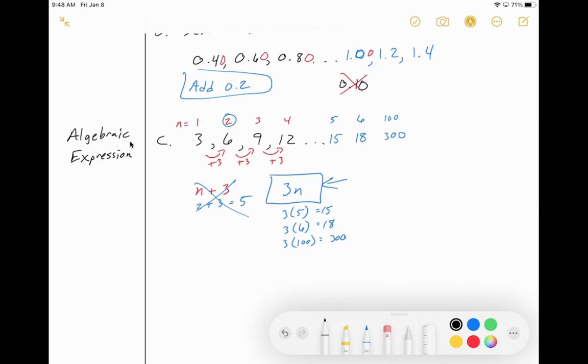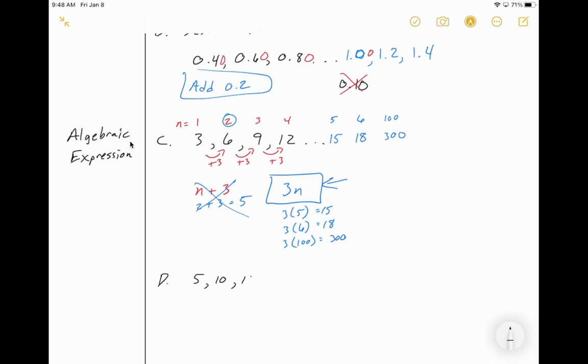Let's see if you guys can try one. Try to find the expression for this. It's an arithmetic sequence because we're adding the same amount each time. What would be the expression that describes this situation?